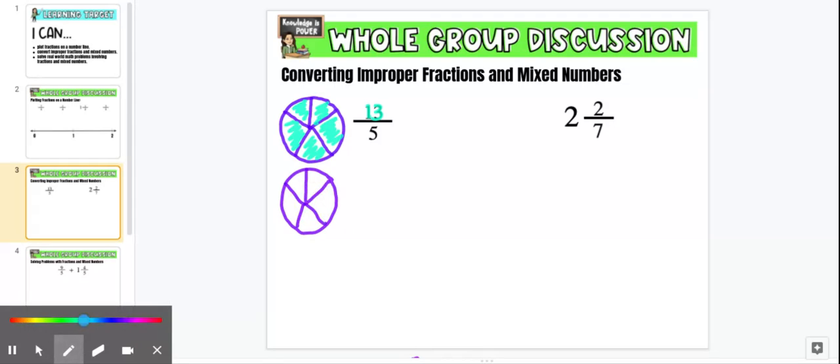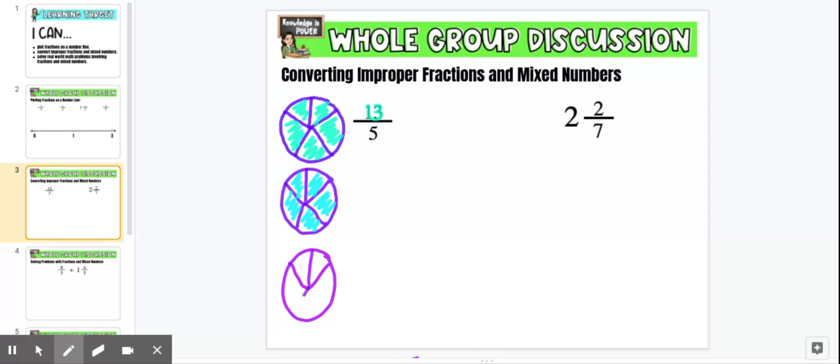And I'm going to keep coloring in. So that's 5, 6, 7, 8, 9, 10. And again, I still need more, so I'm going to draw another fifth. And my fifths are getting more uneven. So I have 10, 11, 12, 13. Okay, great.